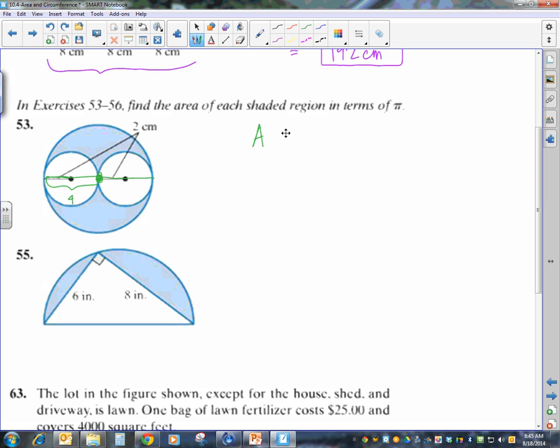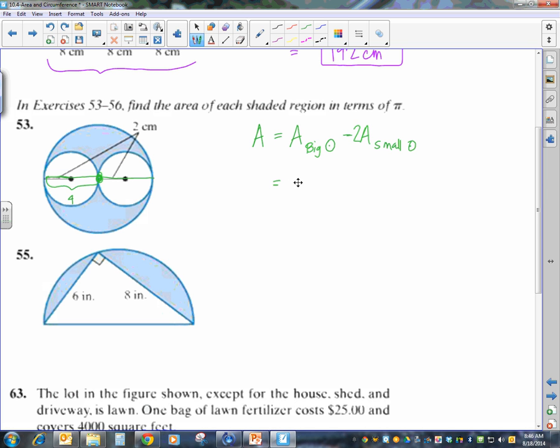So the area here is going to be area of the big circle minus, actually 2, we have 2 times the area of the small circle.